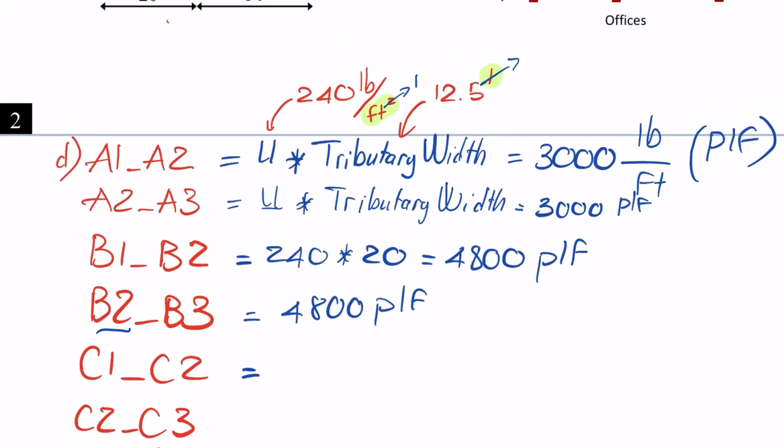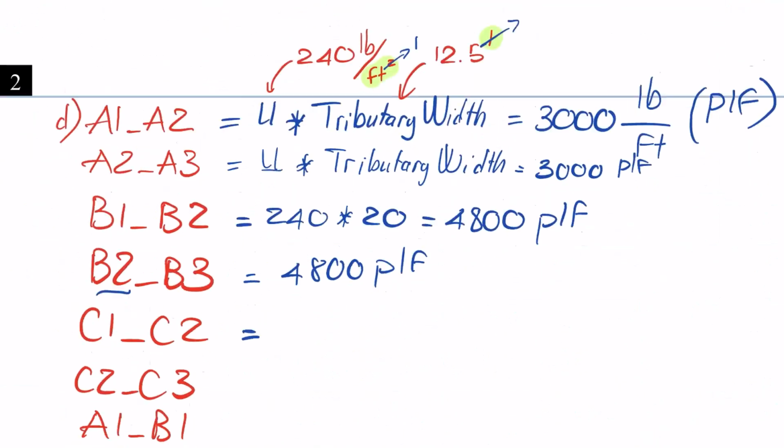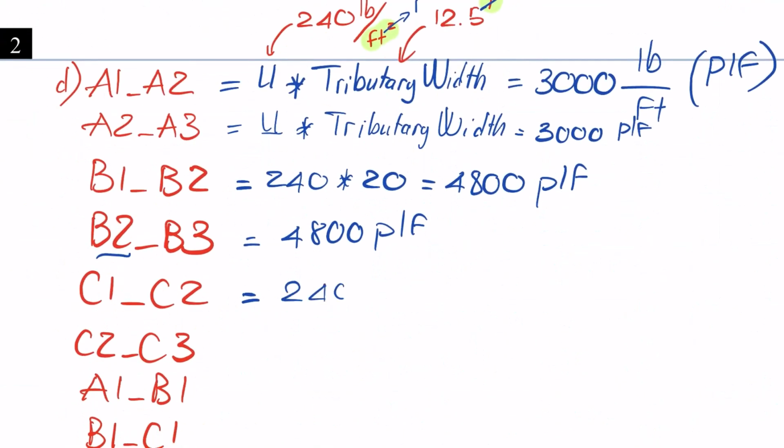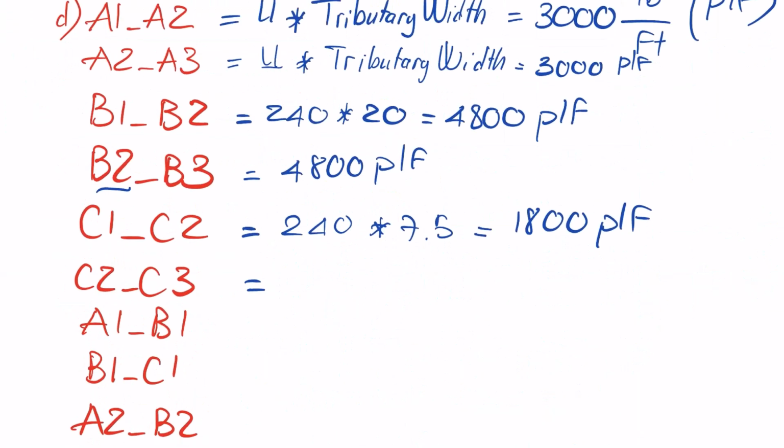Similar like that, C1, C2 is over here, and the tributary width of that will be a half of this one, which is 7.5. So we have 240 multiplied by 7.5, that one is 1800 PLF. Similar like that, C2, C3, we have the same value, 1800 PLF.